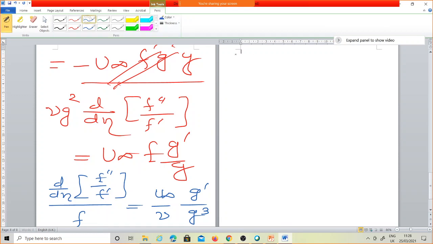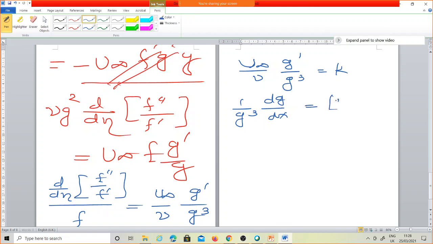So what we can write now, I can write this one, u infinity by mu, g prime by g cube is equal to k. Okay, so it means I can write it this way: 1 over g cube, then dg by dx, is equal to k mu by u infinity, because it's g prime.